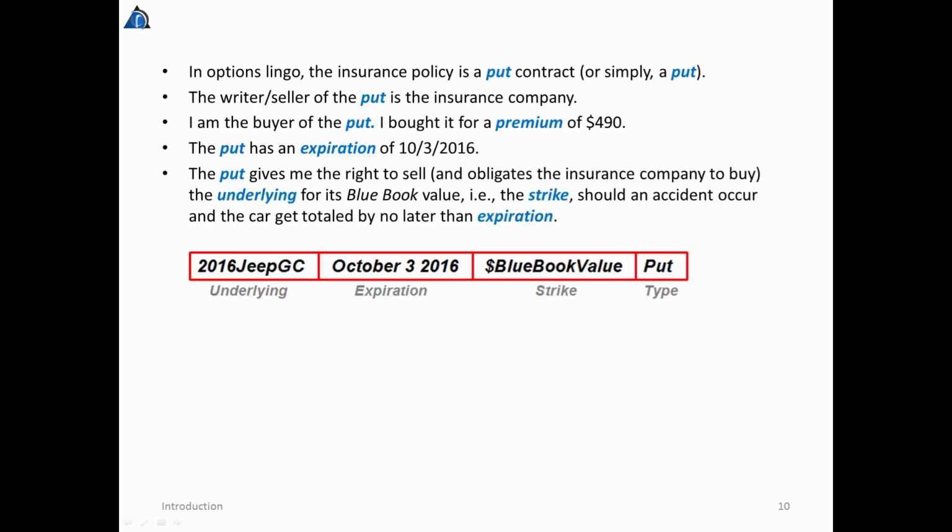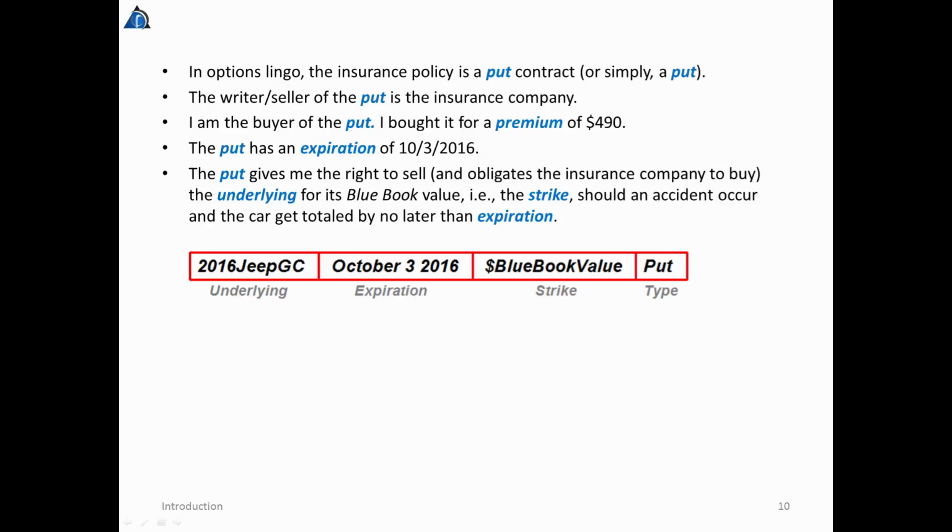The put gives me the right to sell and hence obligates the insurance company to buy the underlying for its Blue Book value, in other words, the strike, should an accident occur and the car get totaled by no later than the expiration date.